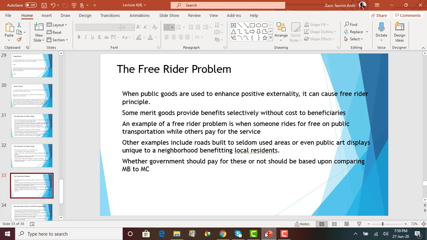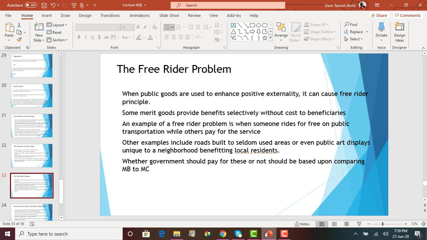That's the free rider problem. There are some people in society who will not pay for these goods but will still enjoy the benefits. An example would be when someone rides free on public transportation while I go and pay for my service.